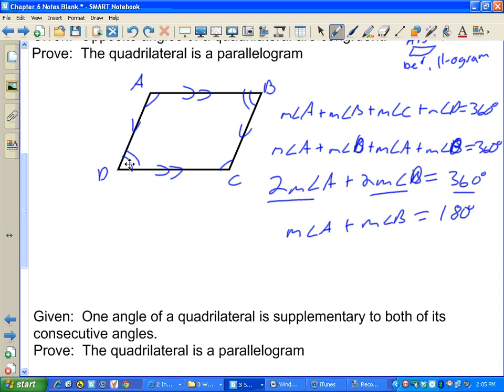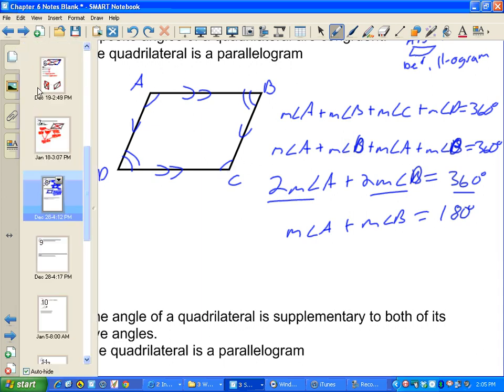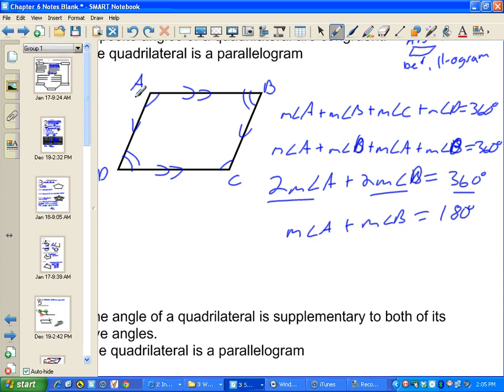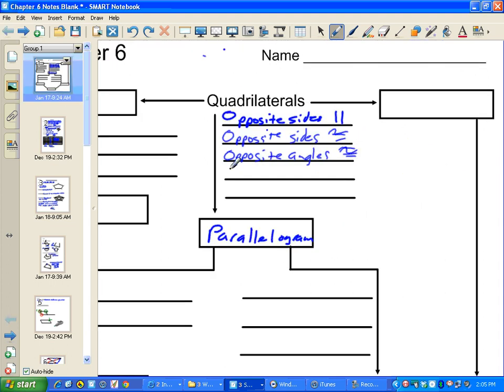If A is supplementary to D, that proves that these lines are parallel. Okay, so that's kind of just another way to use, we don't need opposite angles congruent, but it kind of comes from the same proof, so we can fill this in.